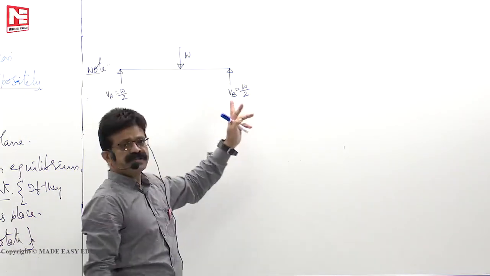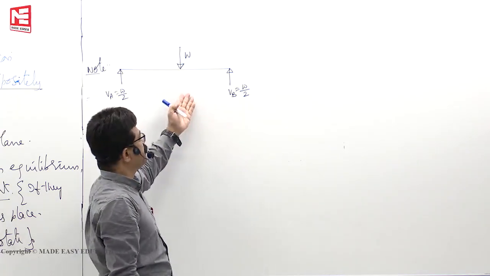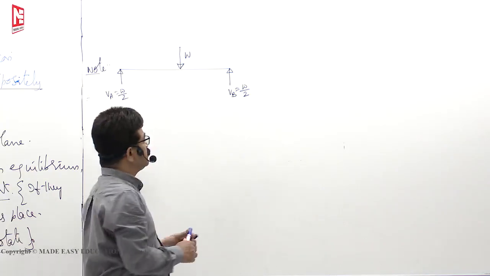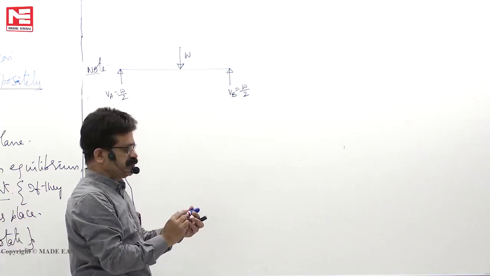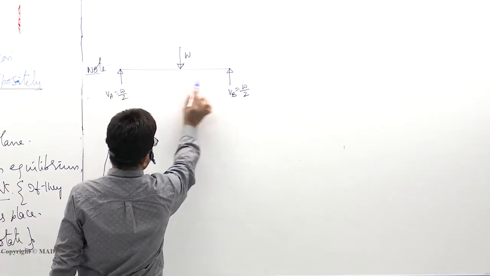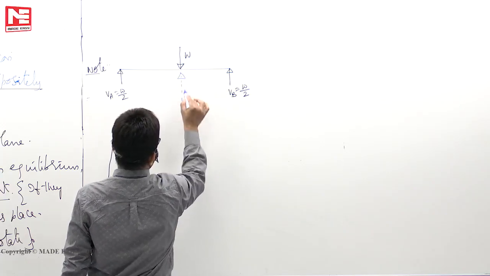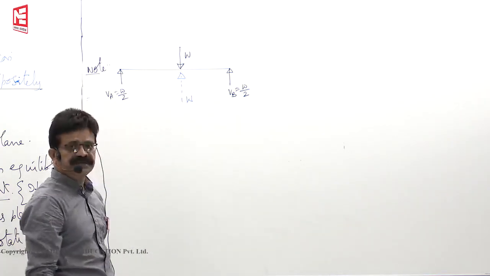But these three forces are not concurrent, meaning they are not meeting at one point, but still it is in equilibrium. But this does not come under three forces in equilibrium, it is two forces in equilibrium only, because this W by 2 and this W by 2, I can replace as a resultant like this W. That W is at the center only.